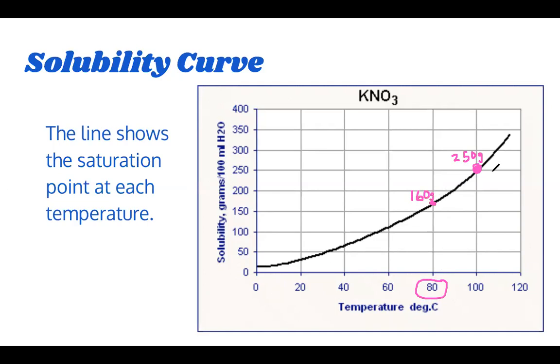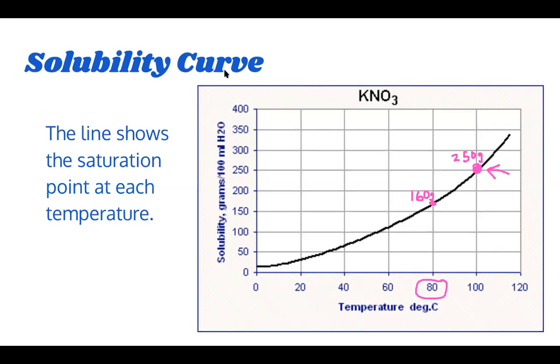So we have a saturated solution at 100 degrees. It contains 250 grams of dissolved solute. We cool it down to 80 degrees where the new limit is 160. New saturation point, new limit is 160.